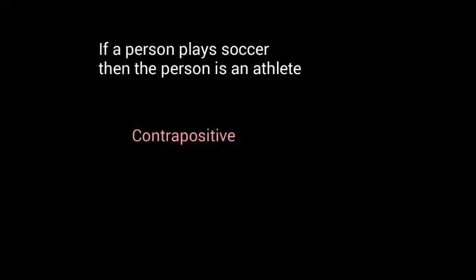And one more conditional statement. If a person plays soccer, then the person is an athlete. So in this one, we're going to find the contrapositive. So if we think of our original statement as being P to Q, the contrapositive is going to be negative Q to negative P. So we're flipping it and negating it. So the opposite of the person is an athlete would be a person is not an athlete.